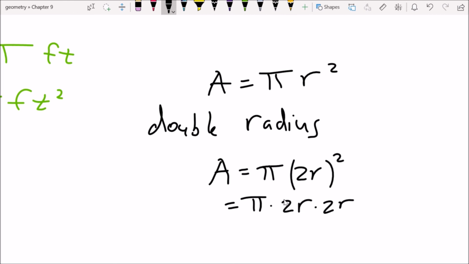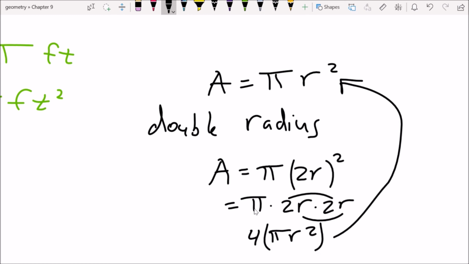So what would happen is we'd combine these 2's together and we'd combine these r's together. 2 times 2 is 4, so we would get 4 pi r squared. Now remember, pi r squared, that's the original equation. So what this is saying is when you double the radius, you get an area which is 4 times larger, because that doubling factor gets squared.